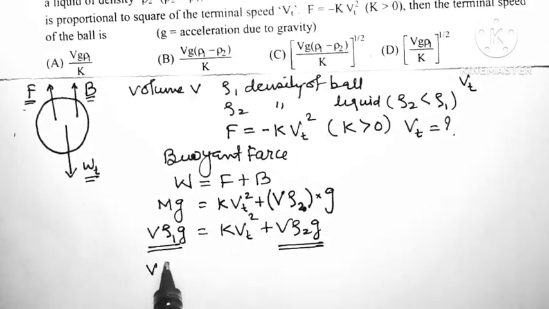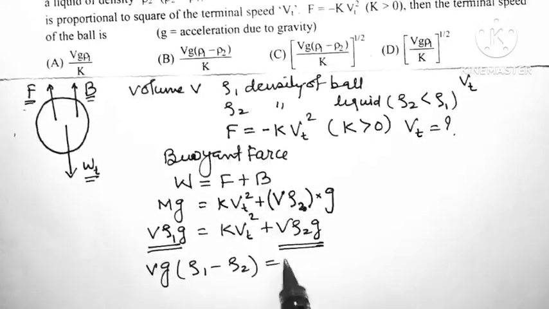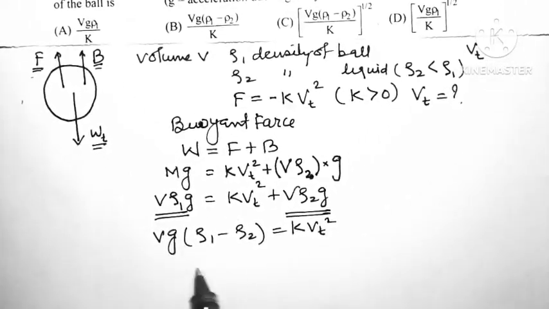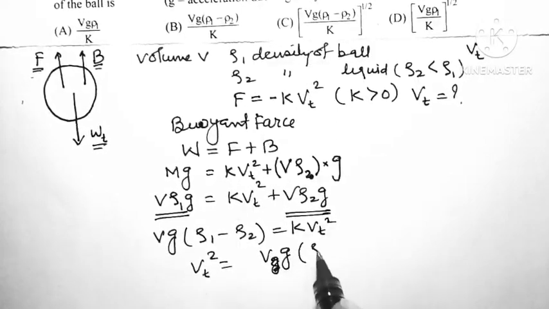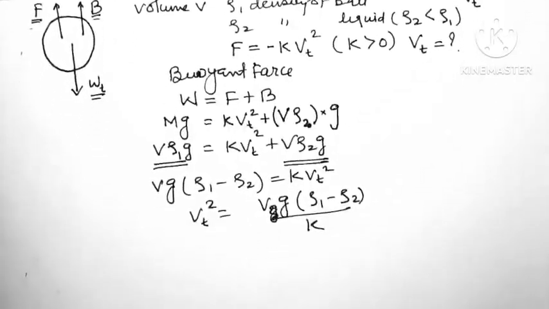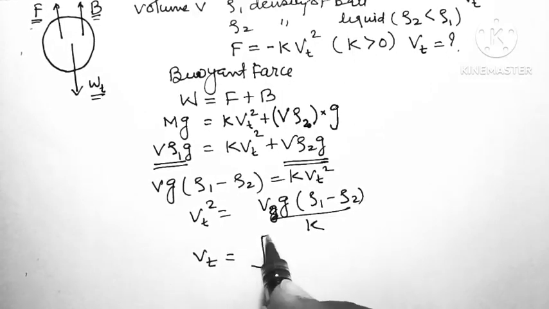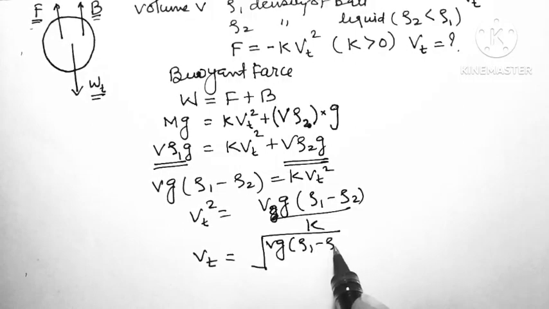So V g can be taken common: rho 1 minus rho 2 is equal to k into Vt square, or Vt square is equal to V into g into rho 1 minus rho 2 divided by k. Taking the square root on both sides, Vt is equal to the square root of V into g into rho 1 minus rho 2 divided by k.